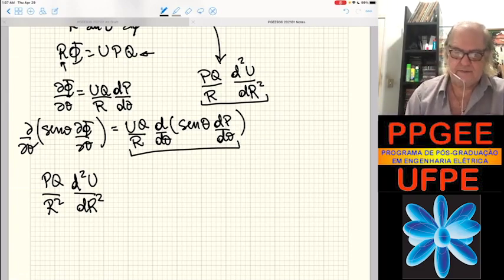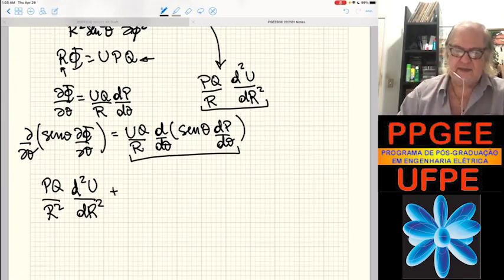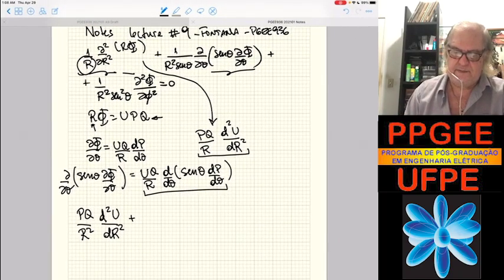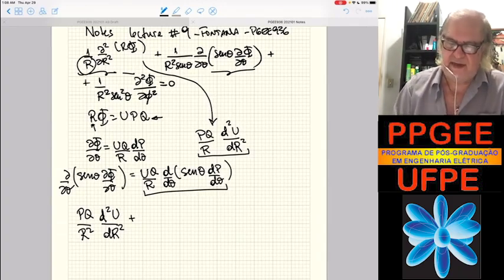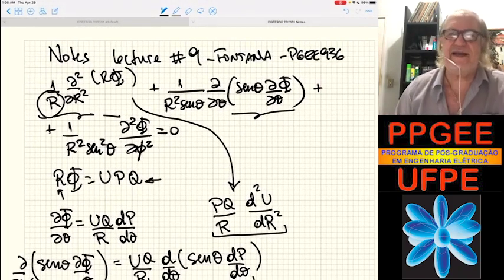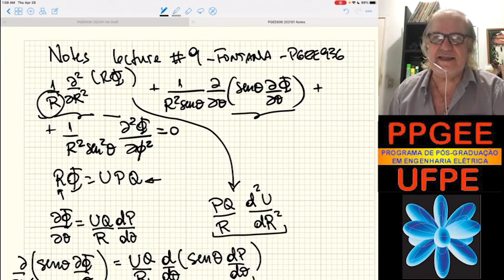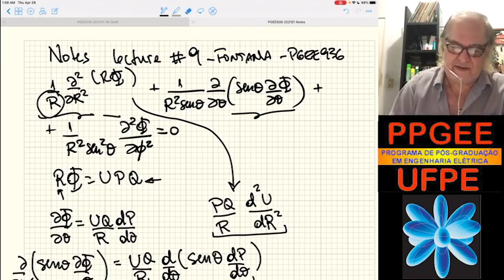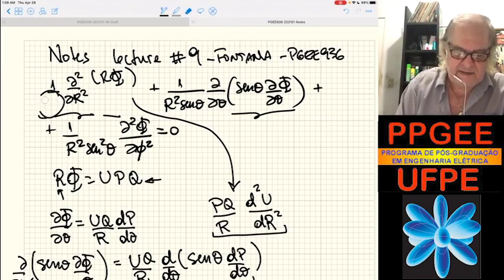Plus the second term. In fact, let me just, because it has been some time since I did this calculation, so I'm taking some time to do it, but just notice here. These are here, okay, so it's going to be easier. It's going to be like this.